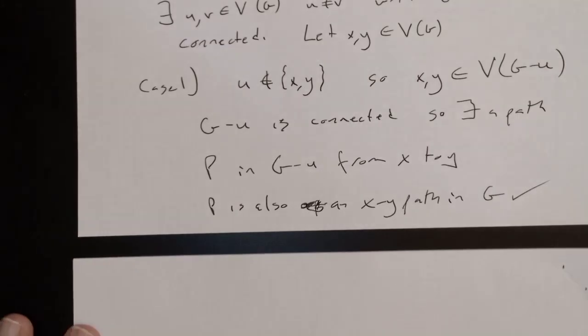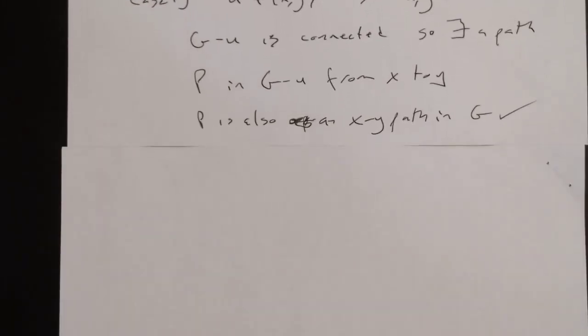All right. So if I didn't pick both of these to be my special vertices, it works. What if I did and picked both of them? Case 2.